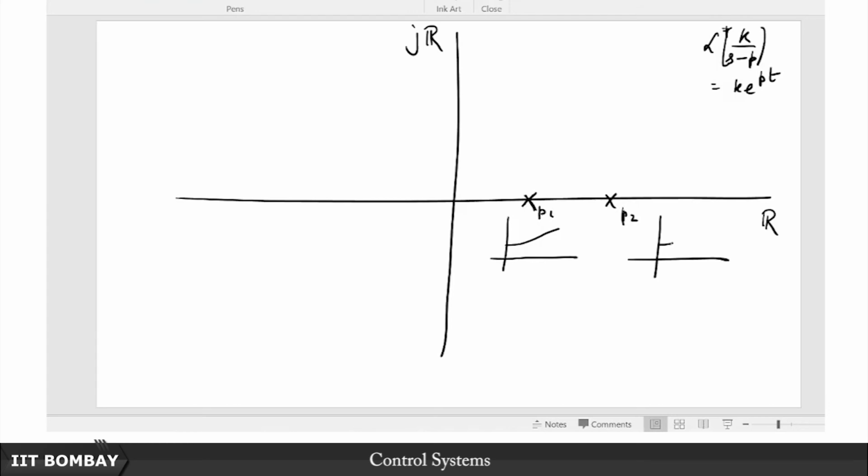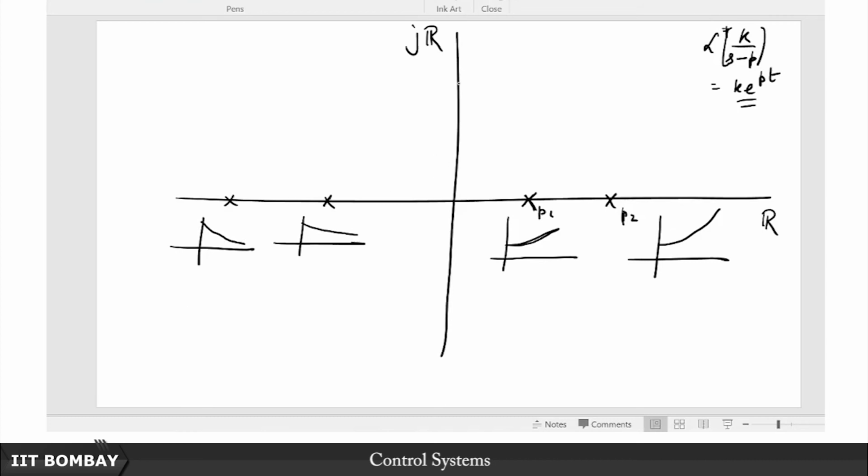this will blow up at a faster rate, because this is a much more rapidly rising exponential. Similarly, if you have real poles on the negative real axis, then of course this will decay. If you move more and more to the left, then that same term here will decay even faster.